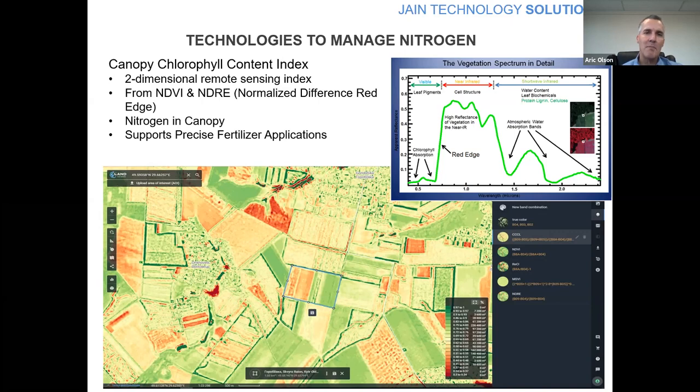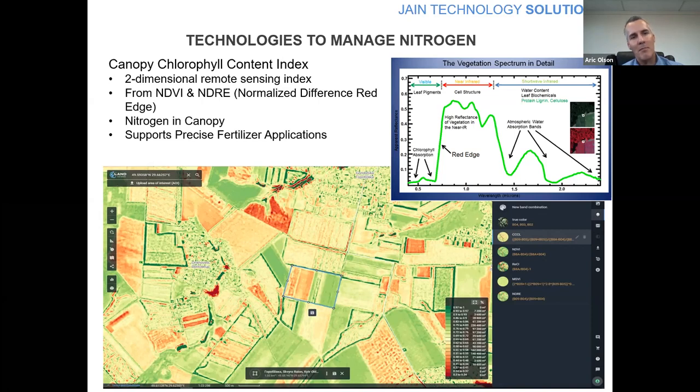But to help us manage nitrogen, there's a pretty well-researched index called the Canopy Chlorophyll Content Index, the CCCI. If you've heard of NDVI, the Normalized Difference Vegetative Index, that's very popular for looking at vigor of the crop, and many people know that and see that, and that's been well studied.